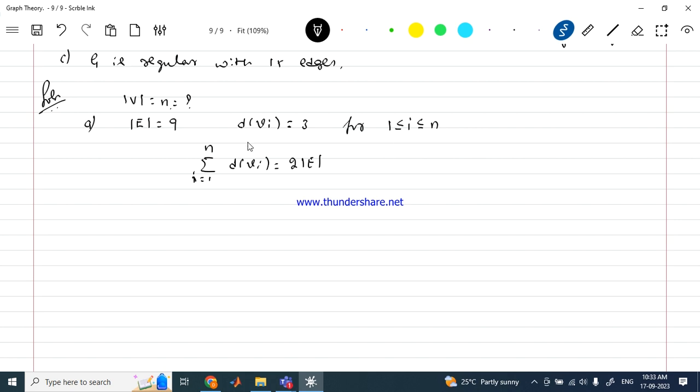So what we know is we have n vertices and degree of each vertex is 3. This is nothing but degree of V1 plus degree of V2 plus degree of V3 and so on plus degree of Vn. This is 3 plus 3 plus 3 plus 3 plus, you are just adding 3 to itself n times. That's what I have written here. I have n vertices and degree of each vertex is 3.